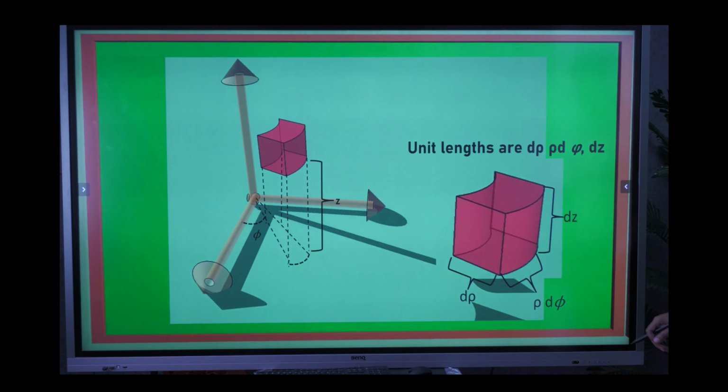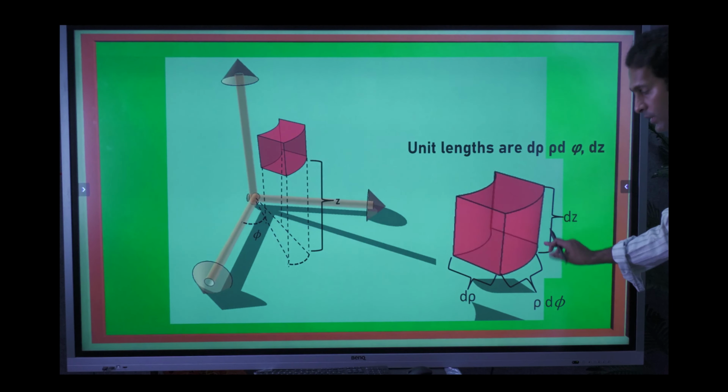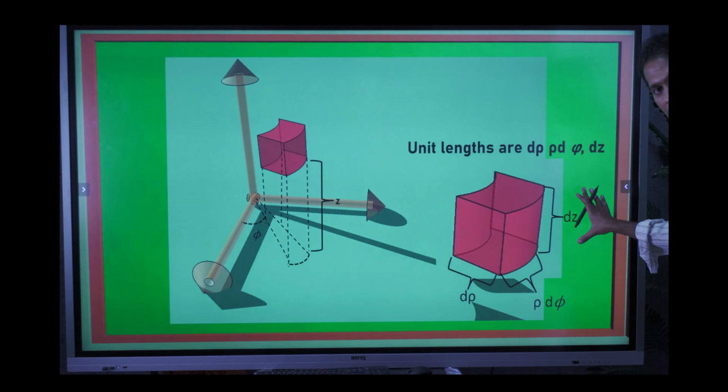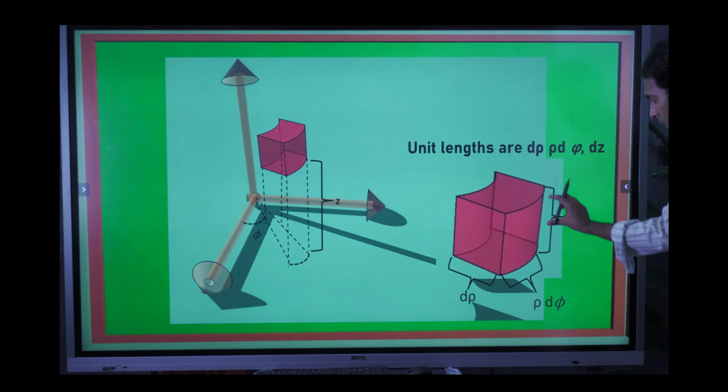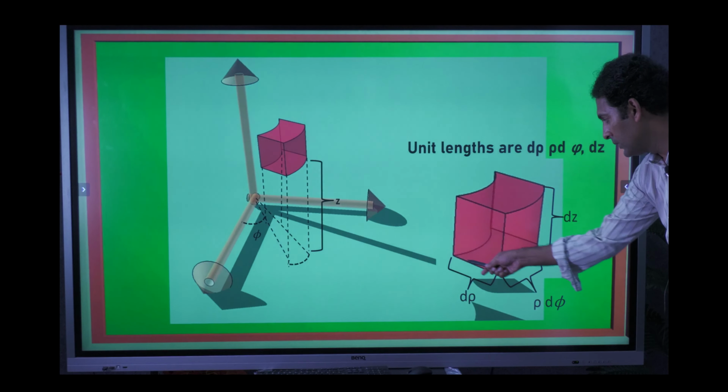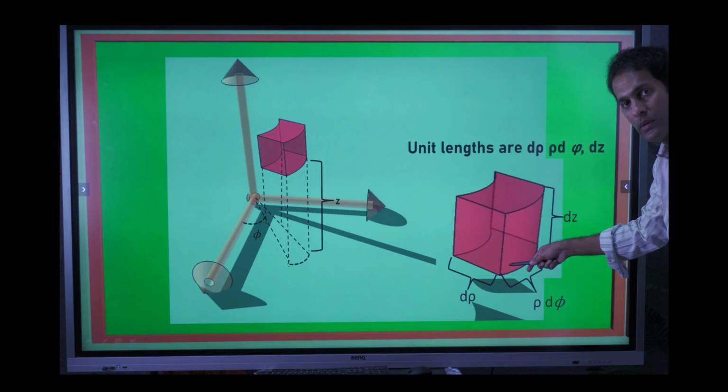So for unit lengths we have dr, r d phi and dz. Here you can see what the elements are. This height is differential z, dz. If we zoom into this part, we can see this differential height is dz, and this is the distance from the z axis.